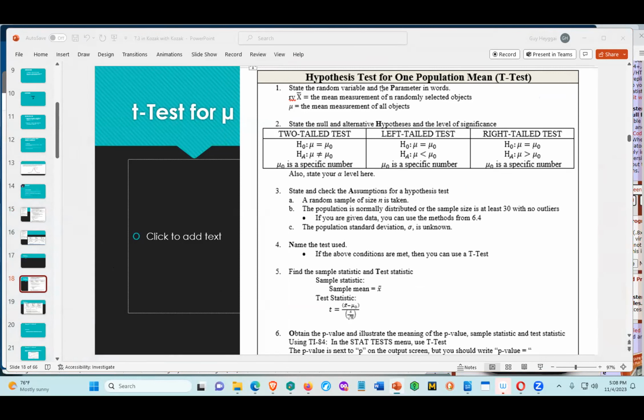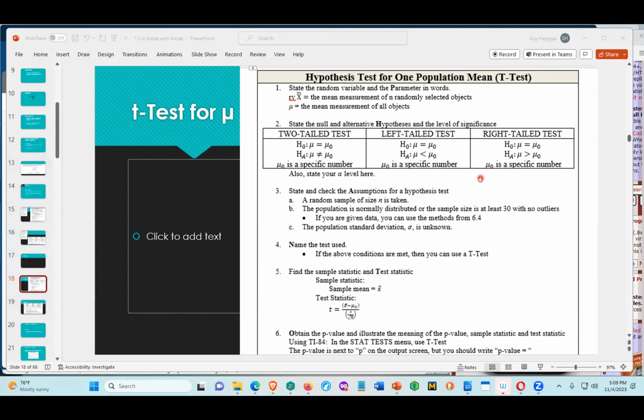You can see the hypotheses are about mu, the population mean, and the hypotheses work the same way, with the null being the hypothesis of equality, and then the alternative is the hypothesis of some sort of inequality, either not equal to, strictly less than, or strictly greater than.